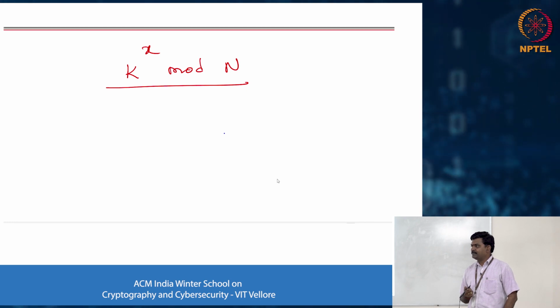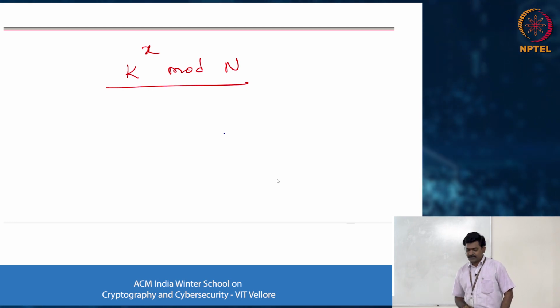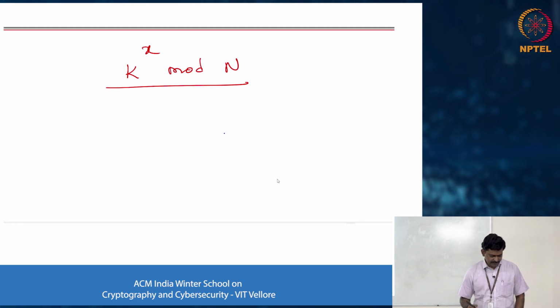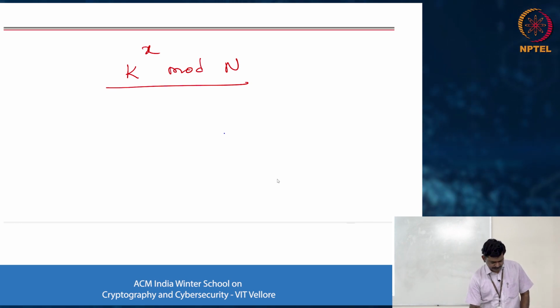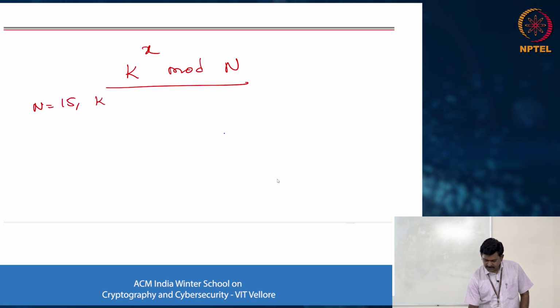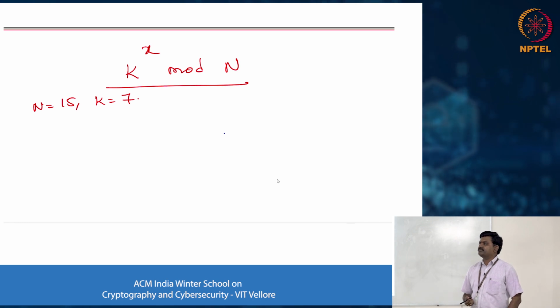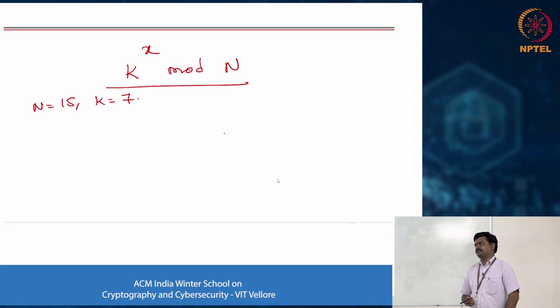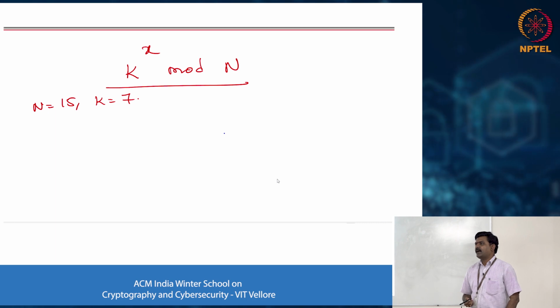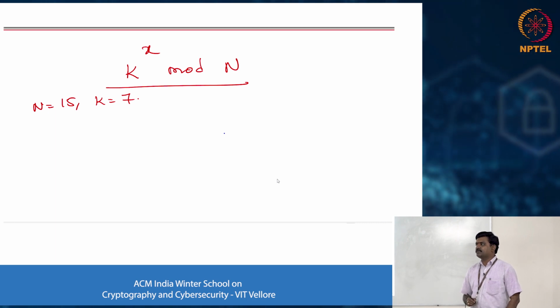C is equal to, right? So now imagine I have n is equal to 15, k is equal to 7. What I am doing is, I am trying to find this x value.